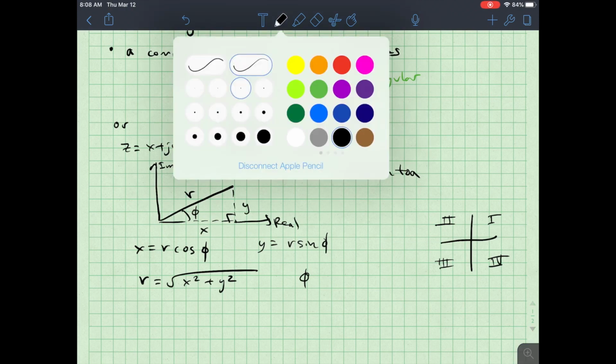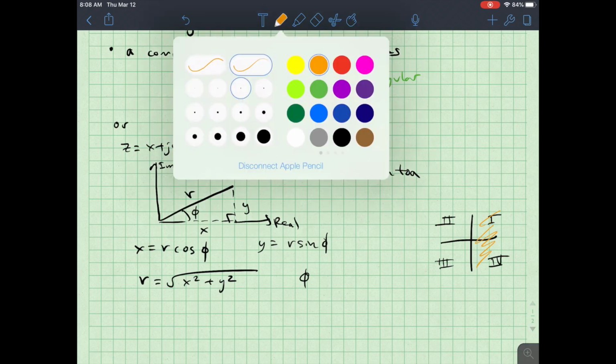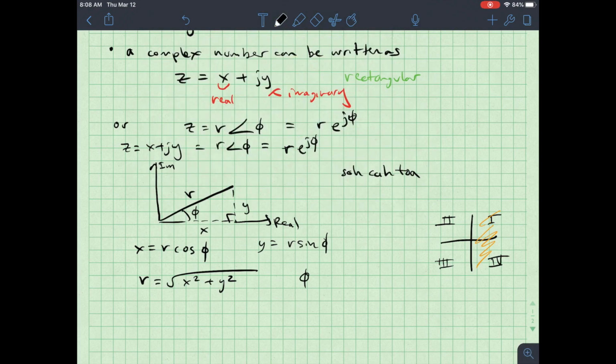If I'm in the right-hand quadrants, in other words, if the real part x is greater than 0, then phi is equal to the inverse tangent of y divided by x. We're working in degrees here, so that's what we have.